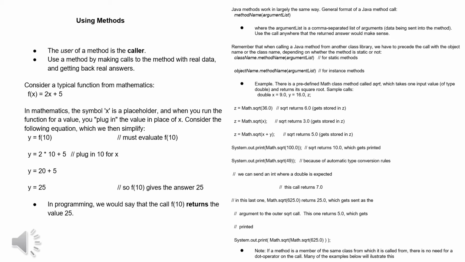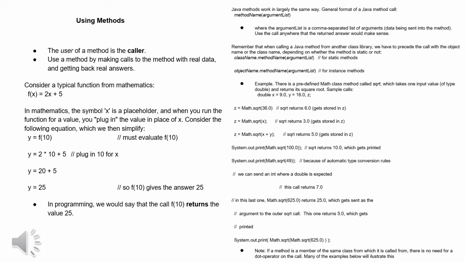In the third example, we have Math.sqrt(x + y). x is 9, y is 16, so 9 plus 16 is 25, right? So sqrt of 25 is 5, so z would be 5. In another example, we have System.out.print(Math.sqrt(100)). So sqrt of 100 is 10.